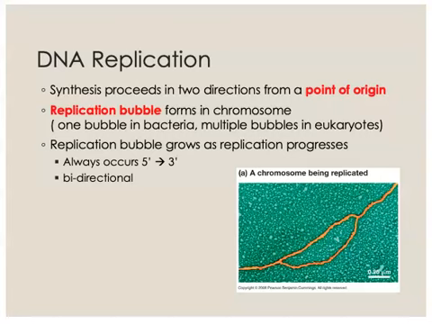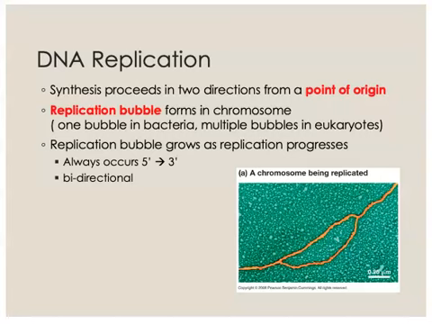This is going to create what we call a replication bubble in the chromosome. It's just an opening between the two strands. In prokaryotic cells, there's going to be one bubble because remember, prokaryotic cells have a circular chromosome. In eukaryotic cells, it's different.